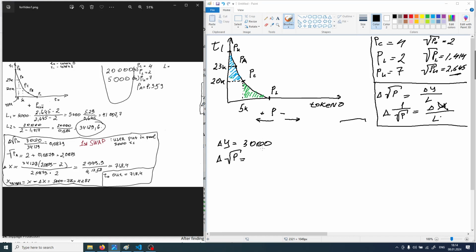So we use delta y 3000 divided by the liquidity which we provided. I use the value which I received from my calculation, not from the Python calculation. It's not very important.